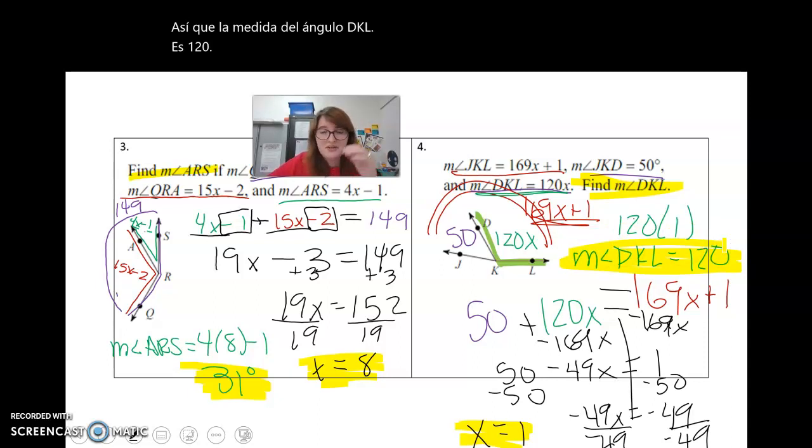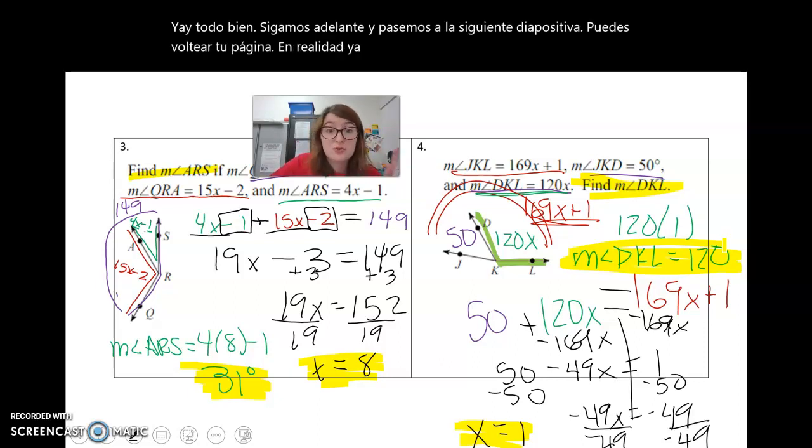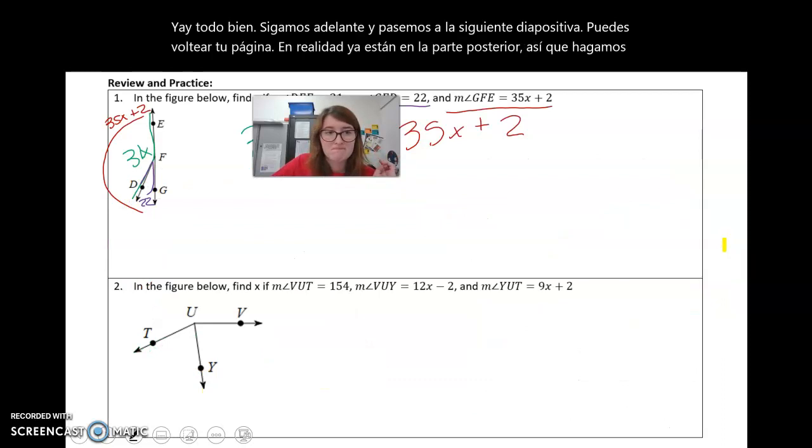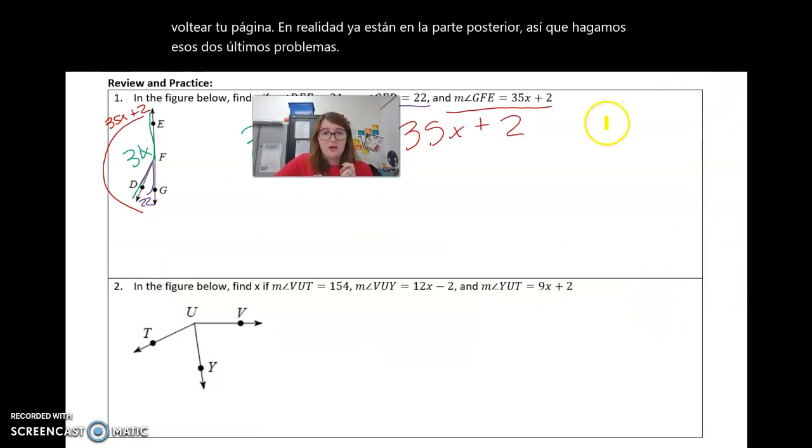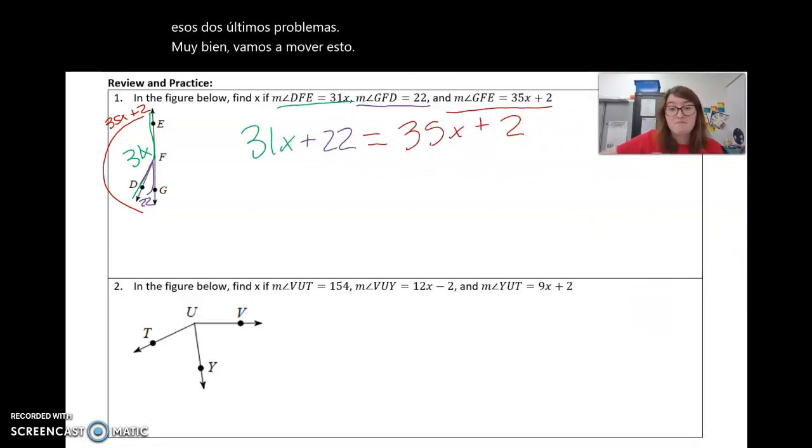Yay! All right, let's go ahead and move on to the next slide. You can flip over your page. Actually, you're already on the back. So let's do those last two problems. All right, let's move this over. Okay, so we started this one in every class. Number 1, in the figure below, find x.